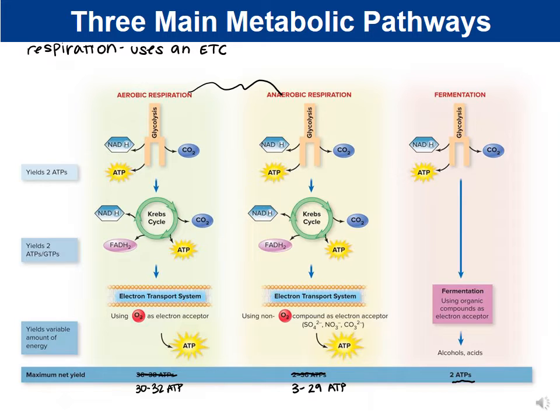The key distinction between aerobic respiration and anaerobic comes into the final electron acceptor. In aerobic respiration, O2 is going to be the final electron acceptor. On the flip side, we can use sulfate, nitrate, carbonate.